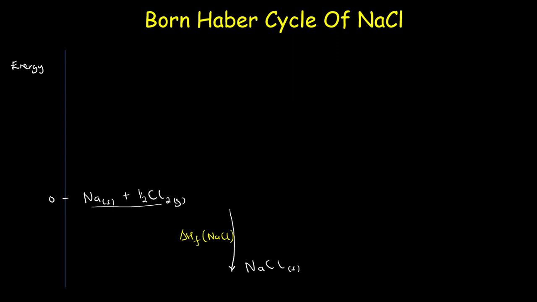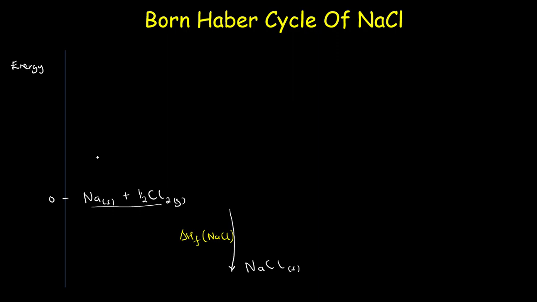So we need to find another pathway that can help us obtain sodium chloride solid, but not this direct route where we are forming sodium chloride. So we are going to try and ionize the sodium atom and this chlorine atoms.